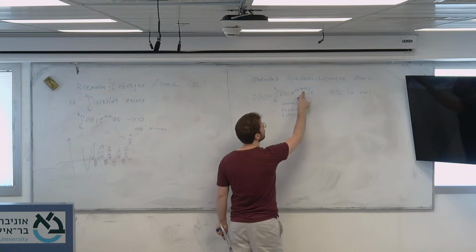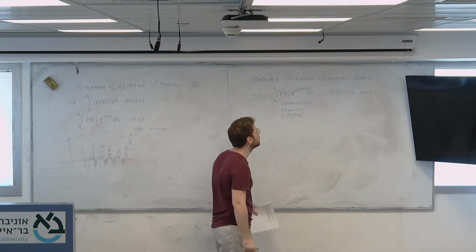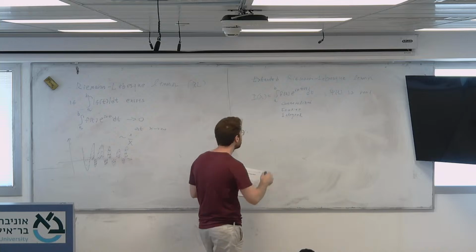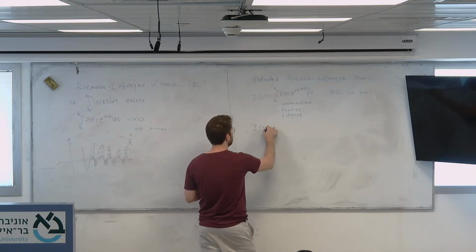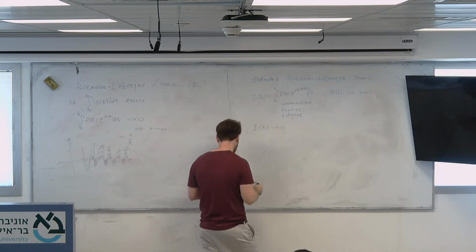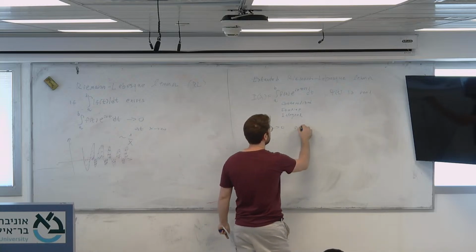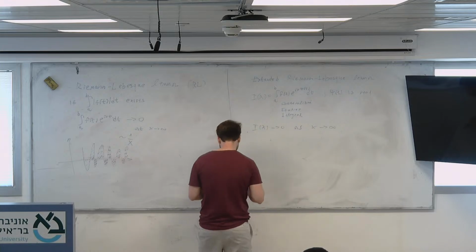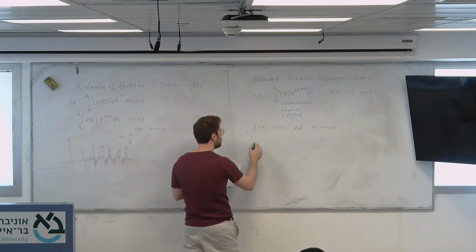So here, what is it called? Psi can be whatever. So it's more general, and so I of x goes to 0 as x goes to infinity if the following holds.